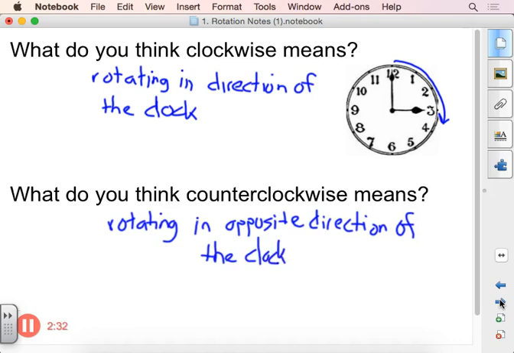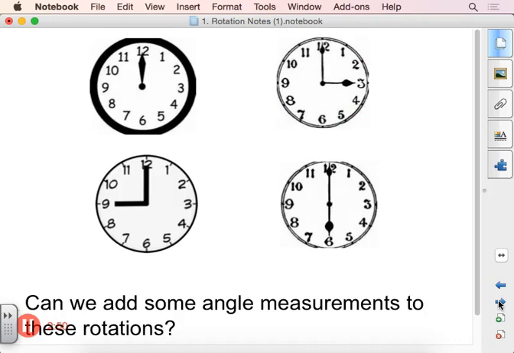It's important to understand that. Counterclockwise would be in the other direction. It doesn't have to start at 12 or anything. It's just which direction is it going, clockwise or counterclockwise. The red line goes the opposite way that the hands on the clock would move, so that would be a rotation counterclockwise.